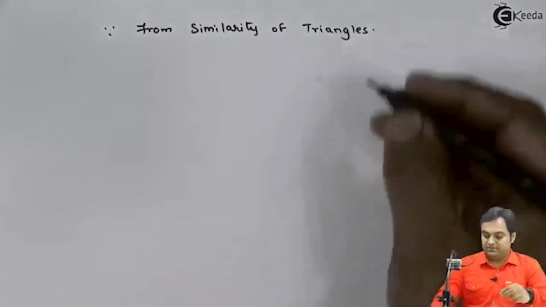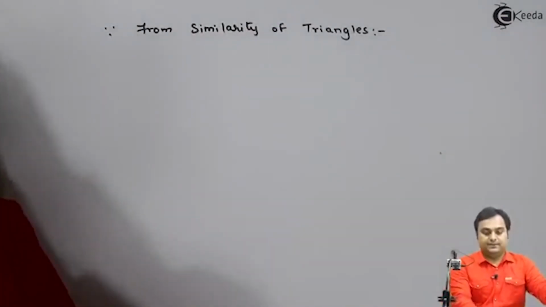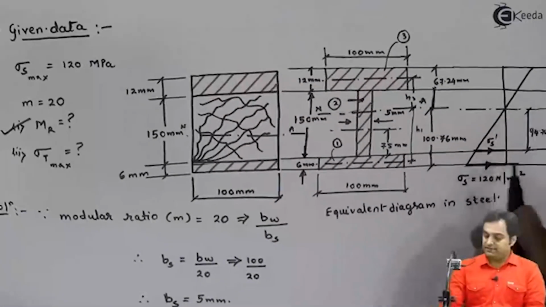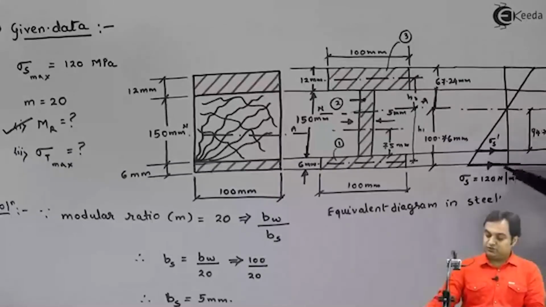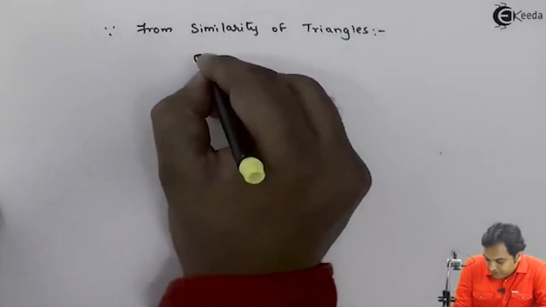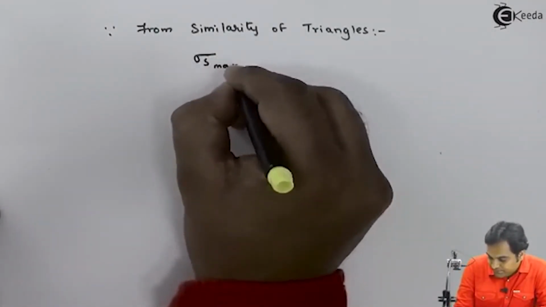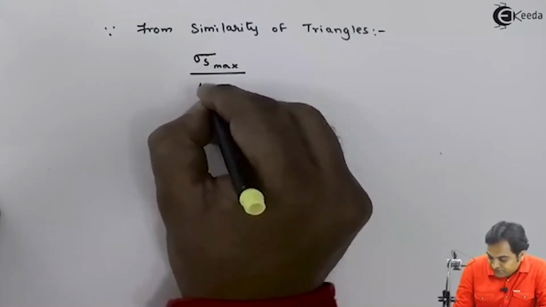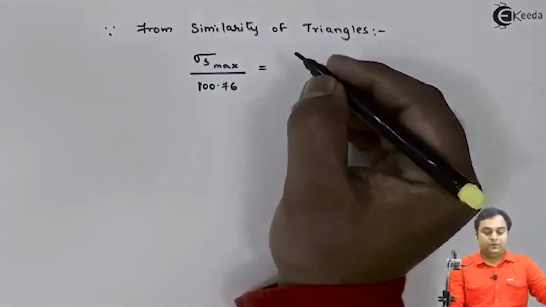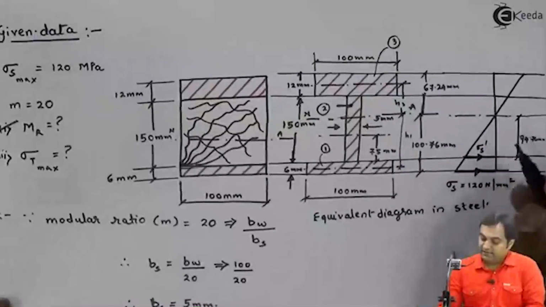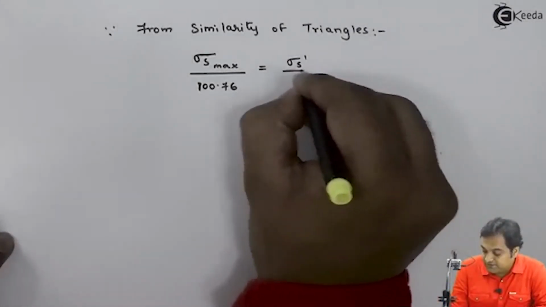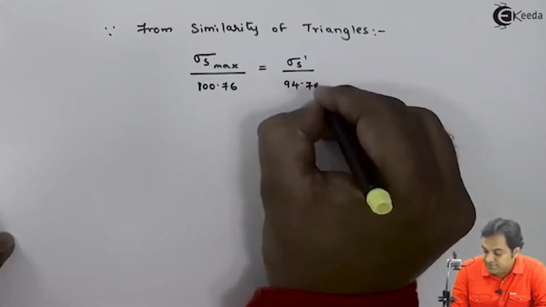from the similarity of triangles, here we can see sigma S, that is for the outer triangle, sigma S is at a distance of 100.76. So I would write this as sigma S max upon its distance, which is 100.76, is equal to, for this smaller triangle, sigma S dash located at a distance of 94.76 mm.